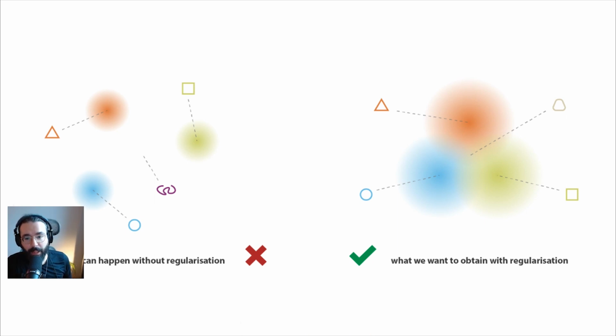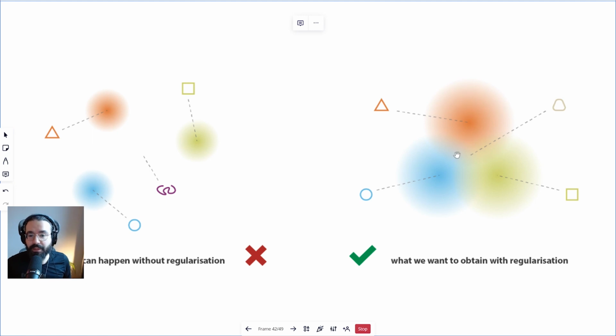But if we set it too high, then these Gaussian distributions are going to be too close to each other and our decoder won't be able to differentiate a triangle from a circle. And this will make our reconstructions deteriorate. So we want to set up a multiplier for that regularization term in which our Gaussian distributions are close enough to each other so that we could create data points in between them, but separate apart so that our reconstructions are still high fidelity. How do we do that?